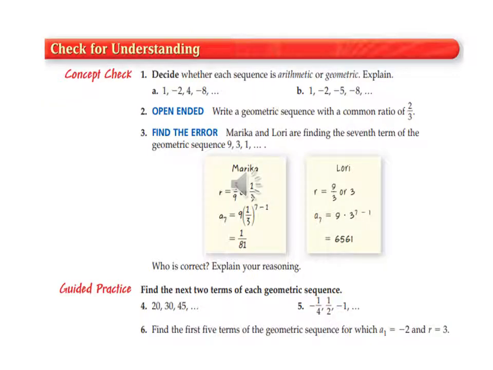Check for understanding. Number 1, decide whether each sequence is arithmetic or geometric. Explain. Open-ended, write a geometric sequence with the common ratio of 2/3. Find the error. Okay? Guided practice. Find the next two terms of each geometric sequence. Find the first 5 terms of a geometric sequence for which a1 equals minus 2 and r equals 3.